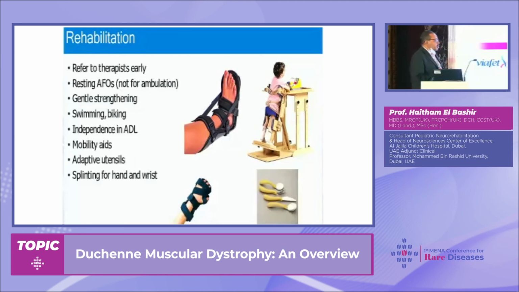So very gentle exercise, improving their endurance, oxygen, breathing. It is very important to keep them as independent as possible in their activities of daily living. Mobility aids: our occupational therapists sometimes give them utensils, especially if they have foot deformities, and splinting of their hands and wrists.